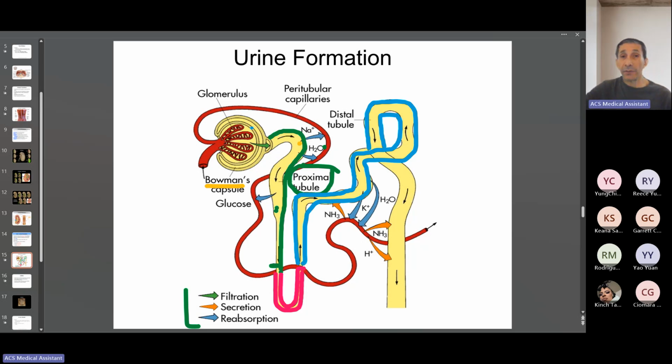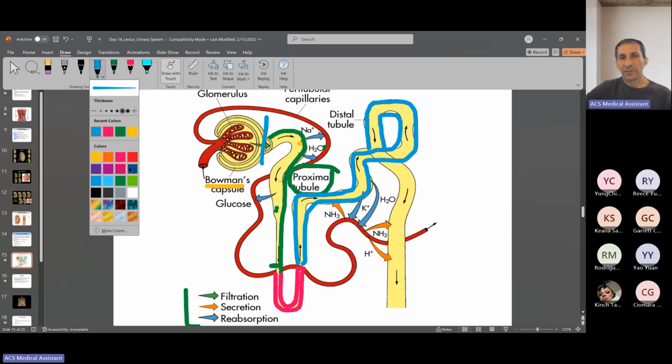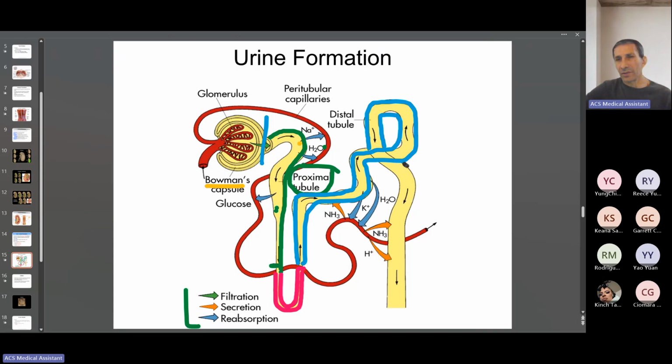Distal means it's far away from the glomerulus. This is proximal because it's attached to the glomerulus. This is the loop of Henle because it looks like a loop. And this is the distal portion. And the rest, we're going to call the collecting tubules. See, they have different names. So let's put it this color. So this is the collecting tubules.